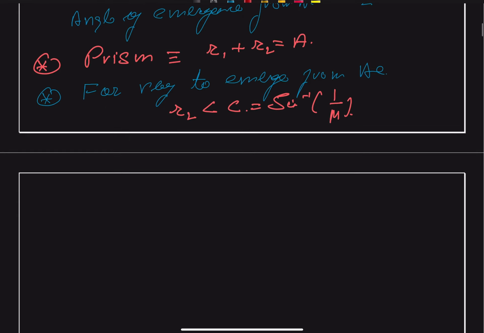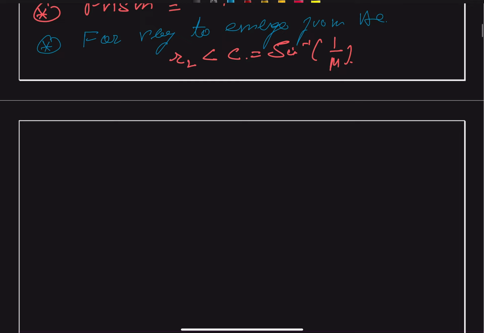Therefore, R2, which equals A minus R1, is less than sine inverse 1 upon mu.